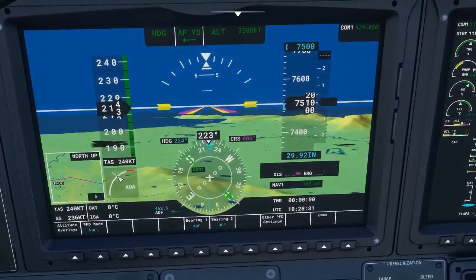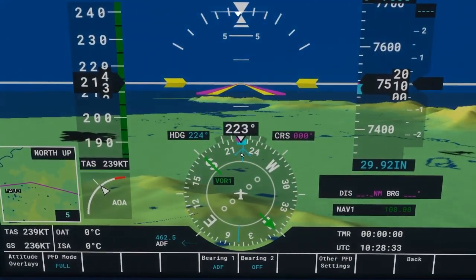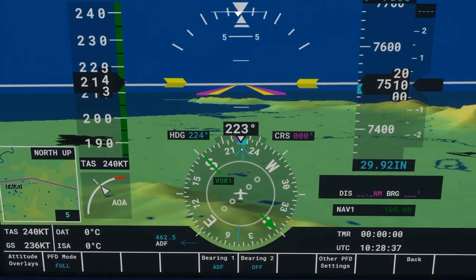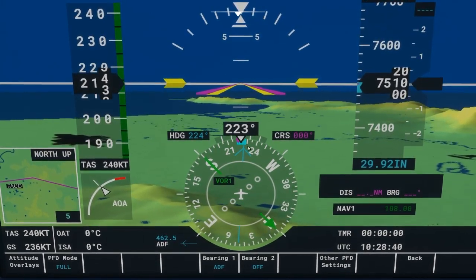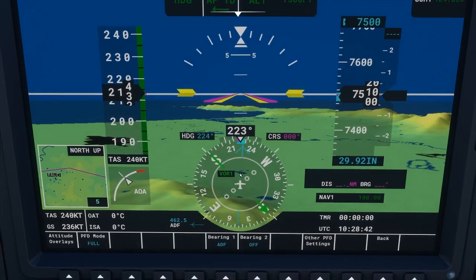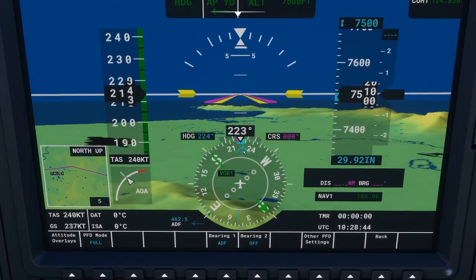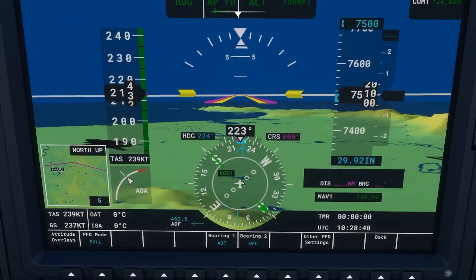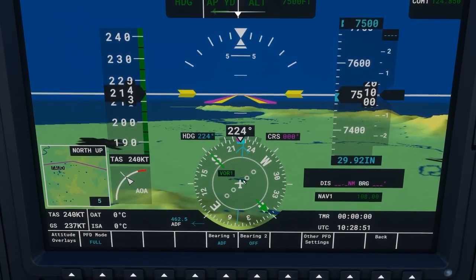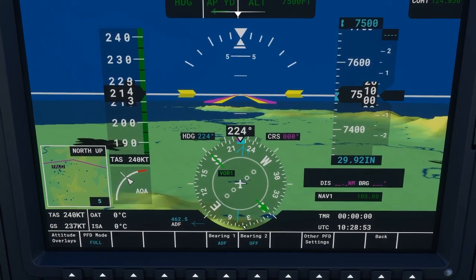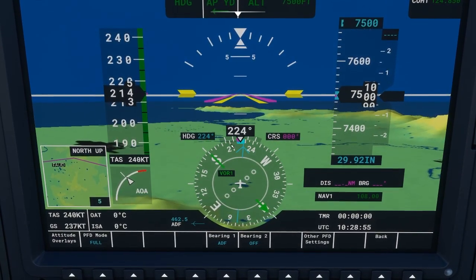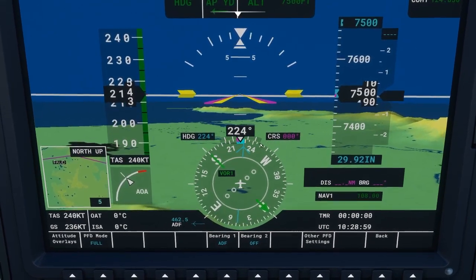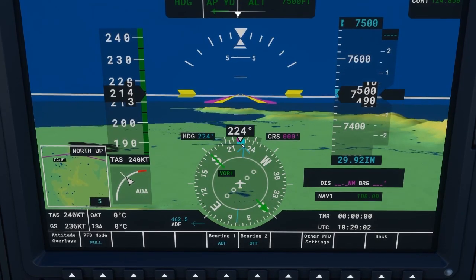You can also see now, really slowly, the needle is starting to drift to the right, and that's because we lined up perfectly with the needle, but we didn't take account of the drift from the wind. Our heading was 223, which was bang on the direction of the NDB, but because we've had wind from our right hand side, our actual track over the ground was more like maybe 210 or 220, so we're starting to drift to the south of the NDB direction.